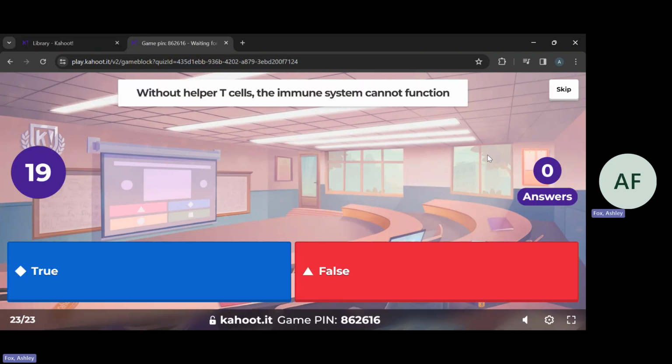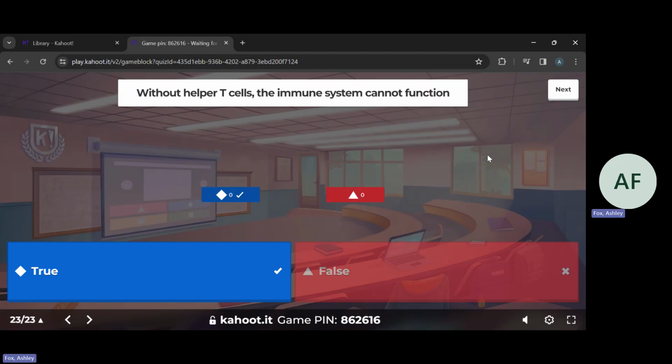True or false, without the helper T cells, the immune system cannot function. So this is true.